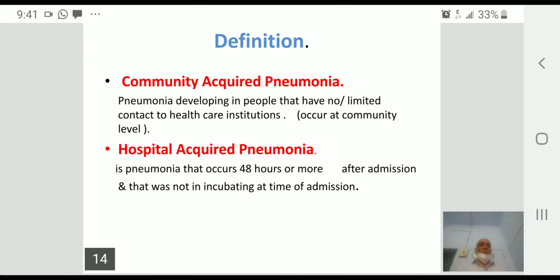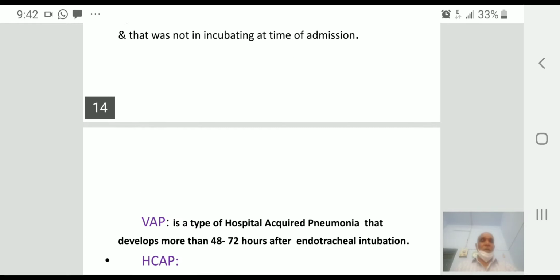Pneumonia that occurs at the community level is called community acquired pneumonia. Pneumonia that occurs 48 hours or more after admission, that was not incubating at the time of admission, is called hospital acquired pneumonia.